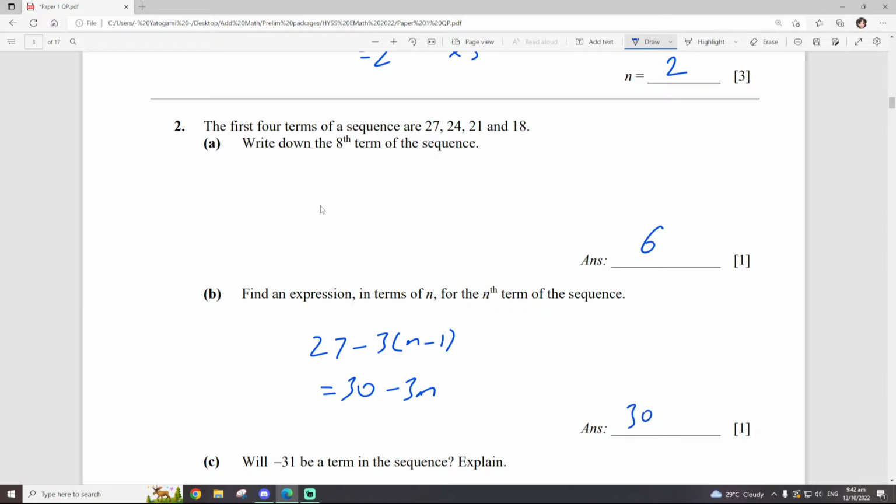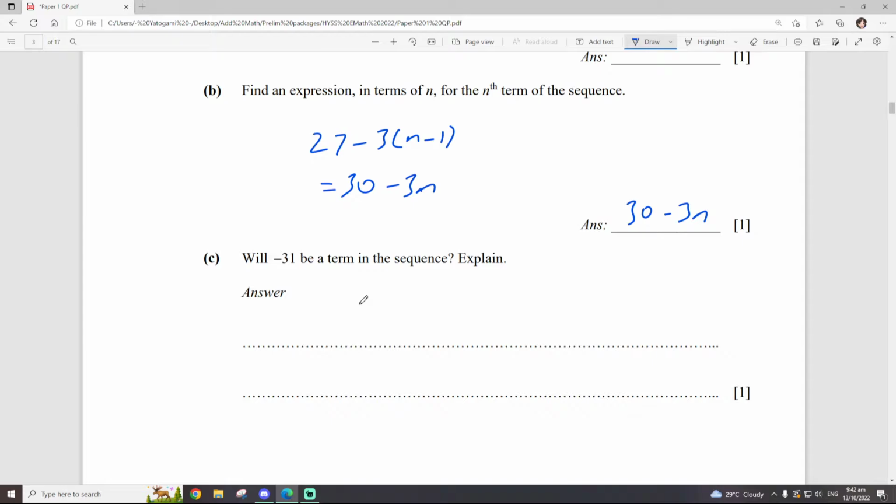So 30 minus 3n. Will negative 31 be a term of the sequence? Well, we let negative 31 equal 30 minus 3n and try to solve for n, which gives n equals 20.3, which is not a whole number.